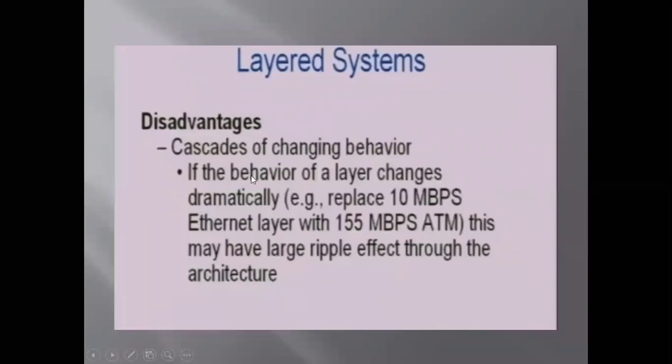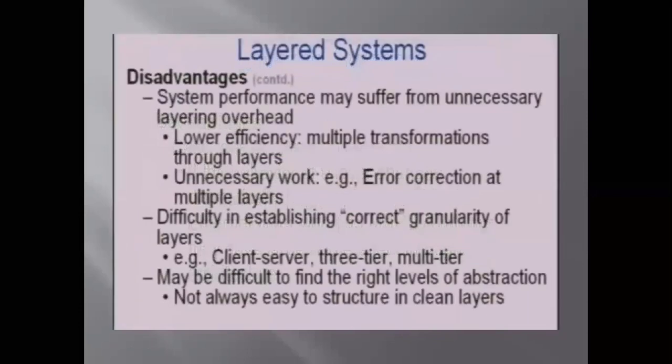Some of the disadvantages: cascades of changing behavior. If the behavior of some of the layers is changed, we have to go through all the different aspects of the architecture, passing through the different layers. The other disadvantage is that system performance may suffer from layering overhead.